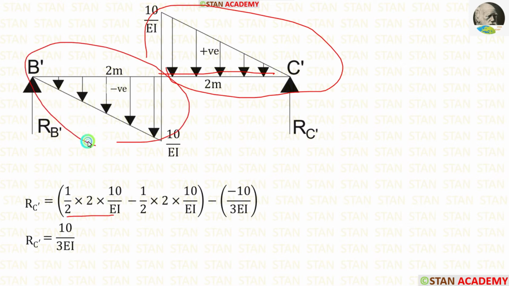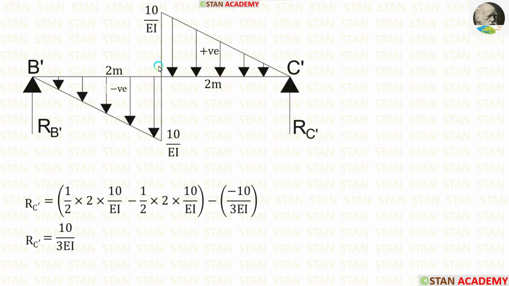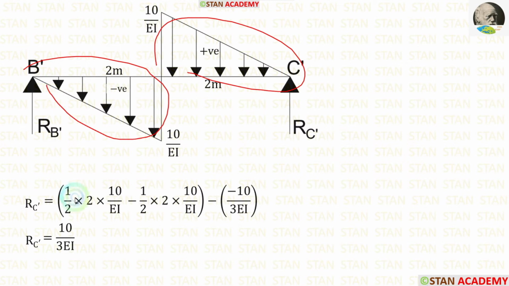This triangle is below the line, so the area will be negative. Since both of the triangles are having the same dimension, the areas will be same. So when we subtract this area by this area, it will be 0. That means the total load is 0. 0 minus RB dash, we will get RC dash.